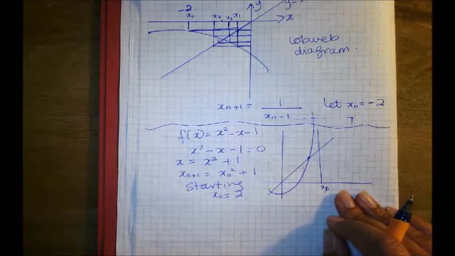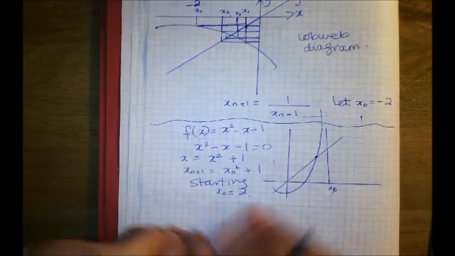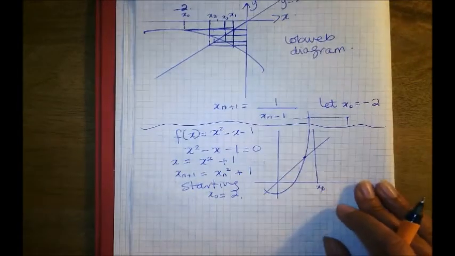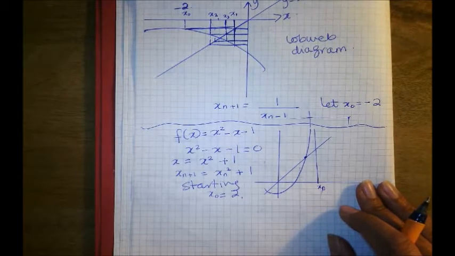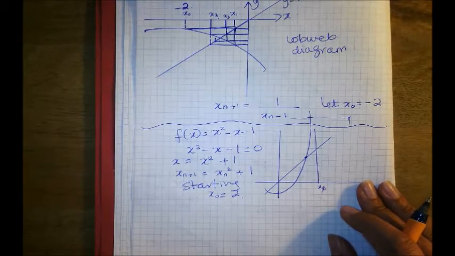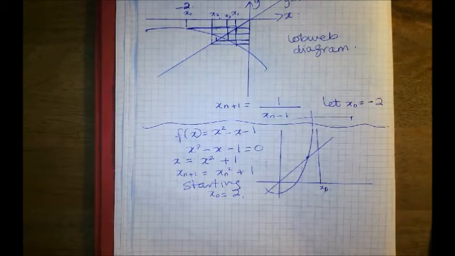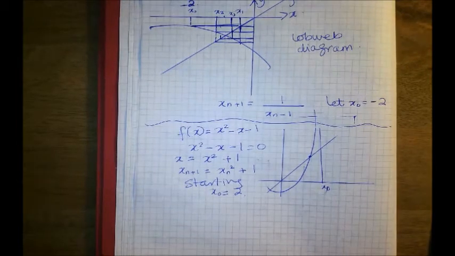My output has gone way beyond. That's going to be reflecting on the y equals x. And then I would actually move very far away from the root. It's going to carry on going that way. Okay, so it'll never converge to the root that I want it to converge to.